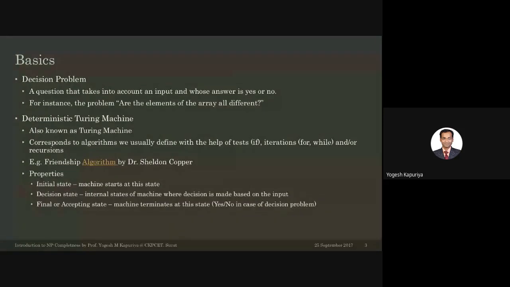Now, whatever problem statements we have discussed till now, if you just recall, starting from greedy algorithms, we have seen some optimization problems. For example, graph-related problems like minimum spanning tree, then the fractional knapsack problem, then the Huffman coding problem.